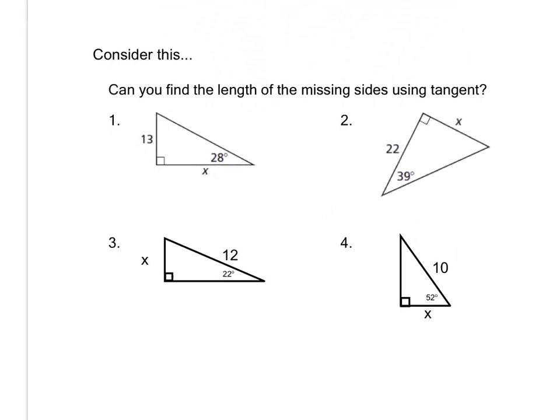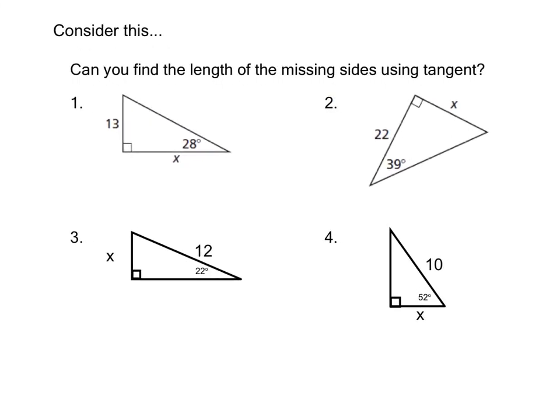So let's think about this first of all. Could we find the missing lengths of these triangles with tangent? In our last lesson we did that. Well, here we've got a 13. How does that relate to that angle? Hopefully you're thinking opposite. This is the opposite leg. And this guy is the adjacent leg.